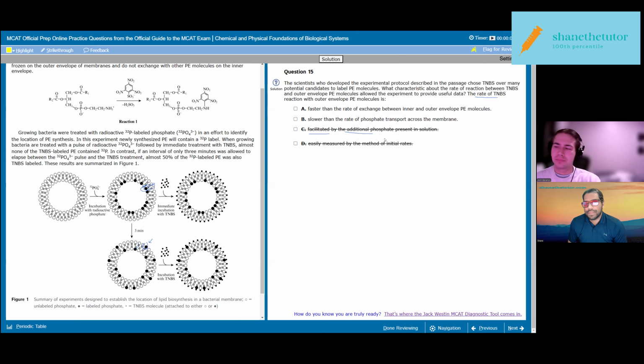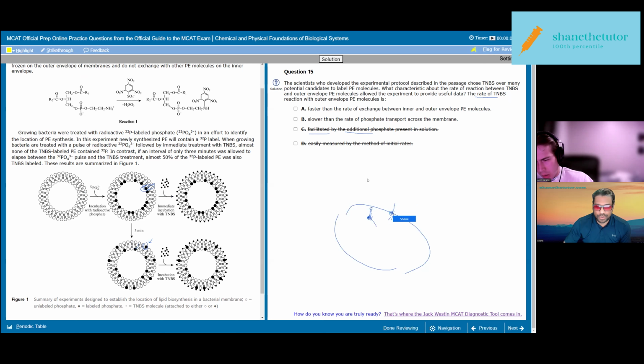Right? So the question they're really asking here is, the observation is that the radiolabeled one can somehow reach the outer membrane.